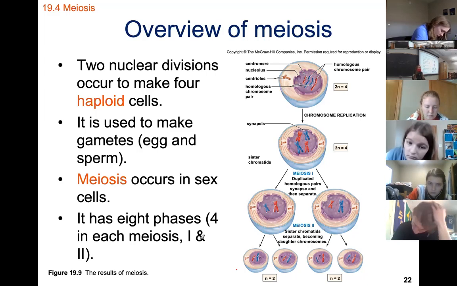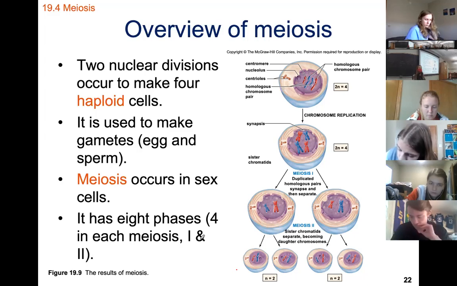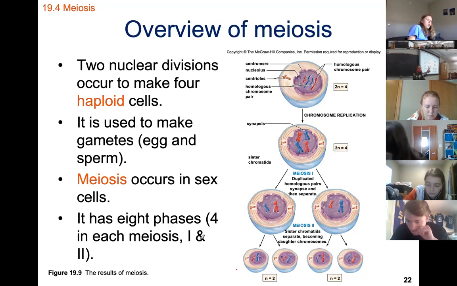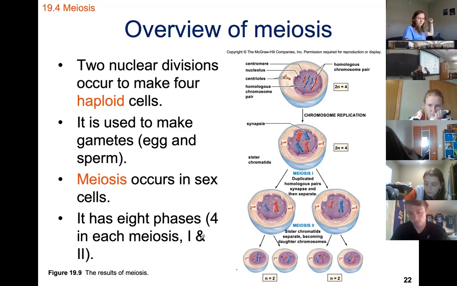Holy cow. So what we end up doing here is the first half of meiosis looks like mitosis. It's pretty much identical. The difference between meiosis and mitosis is that meiosis has 2 divisions. You can see the first division and it looks very similar to mitosis. Because it has a second division, it essentially divides again and makes them haploid to make the sperm and egg cells.